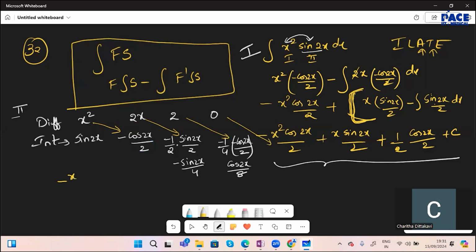So that is minus x square cos 2x by 2. Next, 2x into this. That is nothing but minus 2 by 4 sine 2x. Next, 2 into this. That is nothing but 2 cos 2x by 8.